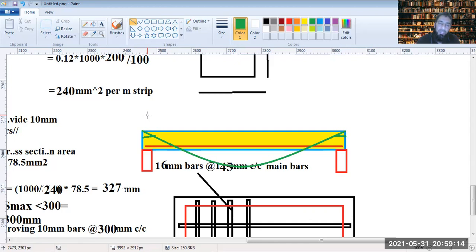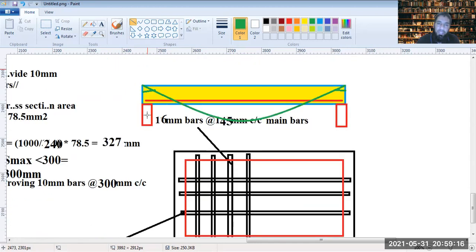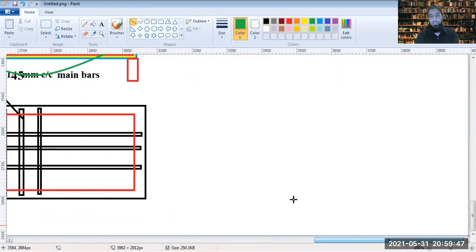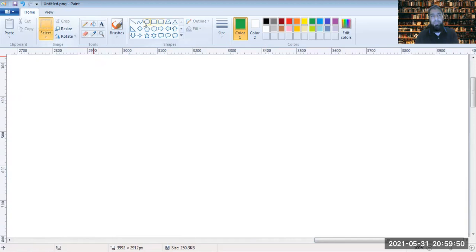Further, because the ends are supported, for the tensile forces that are generated at the ends, there could be a case of a rigid support condition happening at the end, and that rigid support condition could lead to the development of shear forces. So what we do is that we provide the ends cranked up or bent up. The bars are bent up towards the end.